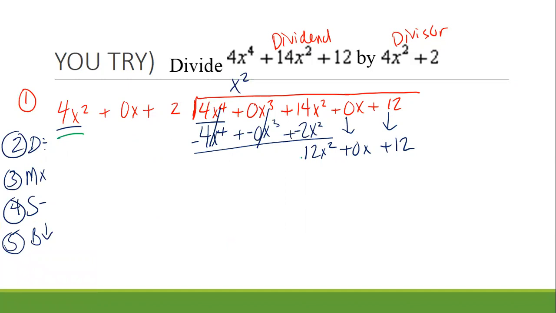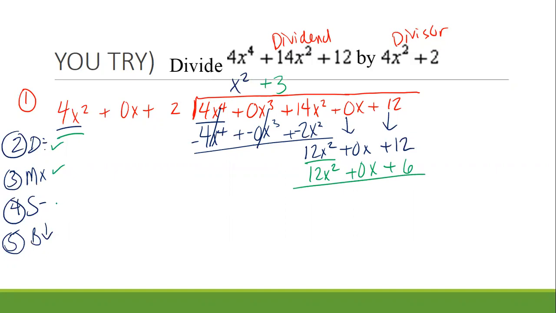So I have 4x squared and 12x squared. 12x squared divided by 4x squared. First thing I got to do is 3. And then I multiply. 3 times 4x squared is 12x squared. 3 times 0x is 0x. 3 times 2 is 6. Multiplication done.